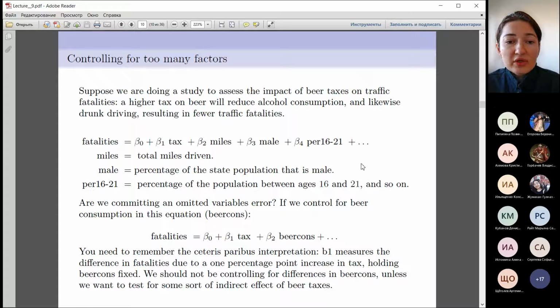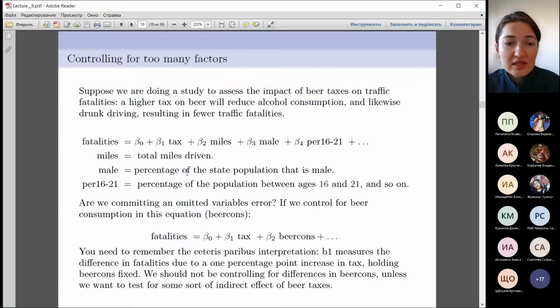And also you want to include some control variables, of course, such as total miles, such as the percentage of state population that is male, and also you can include some other variables such as the percentage of population between some specific age groups and so on.